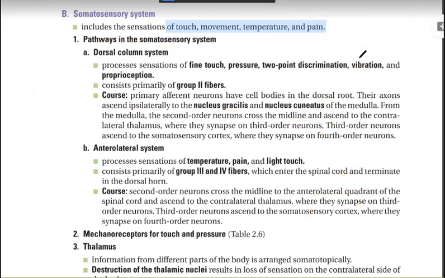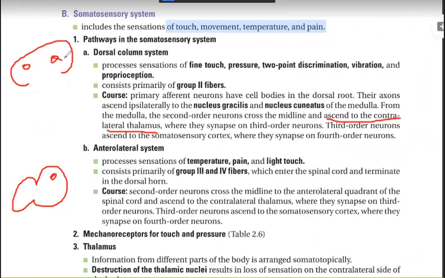Make these things clear. Now from the medulla, the second order neuron crosses the midline and ascends to the contralateral thalamus. So now you see contralateral thalamus. We started our journey from this side, but when we reach up to the brain, we are reaching to this side of the thalamus. We are not reaching to this side.